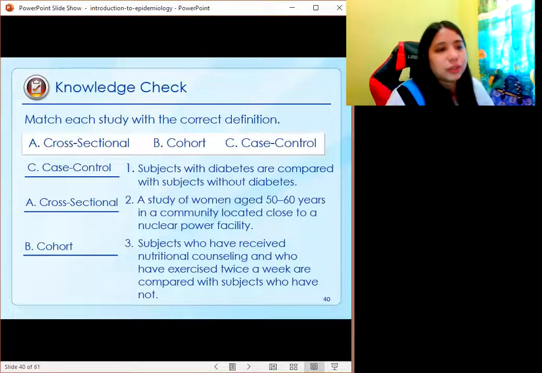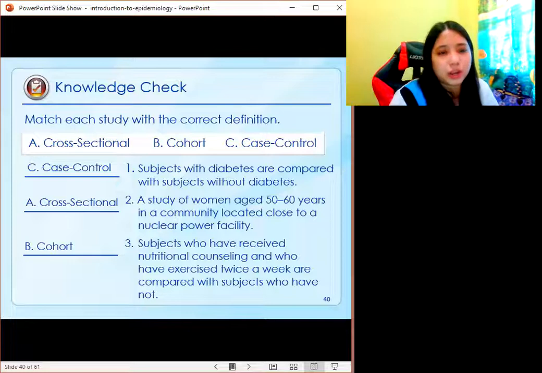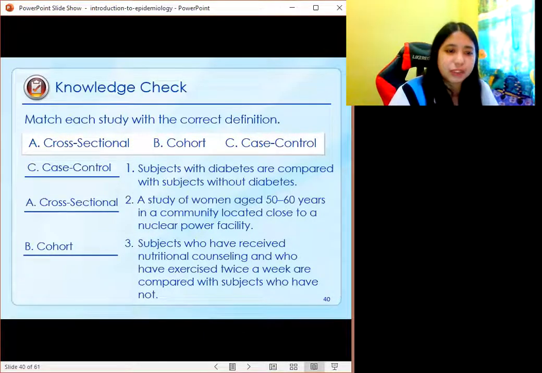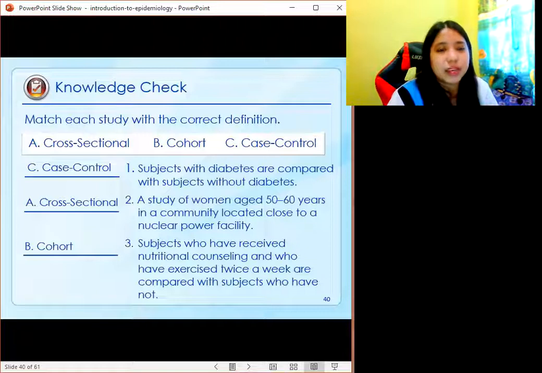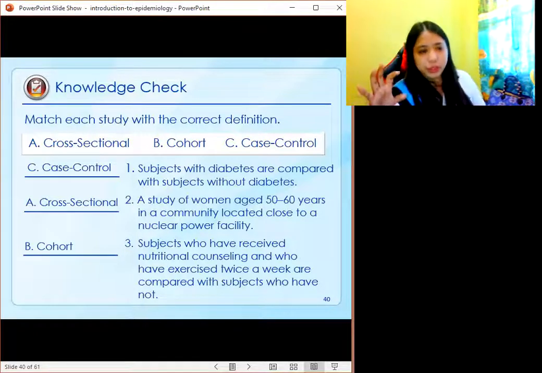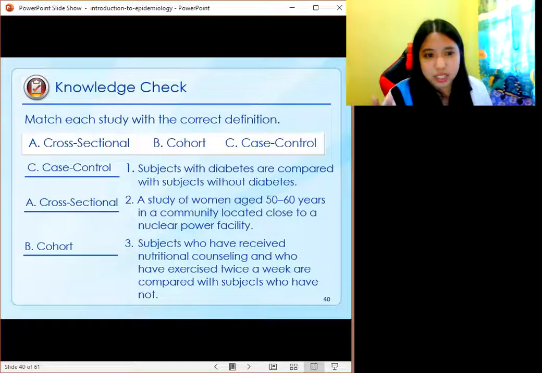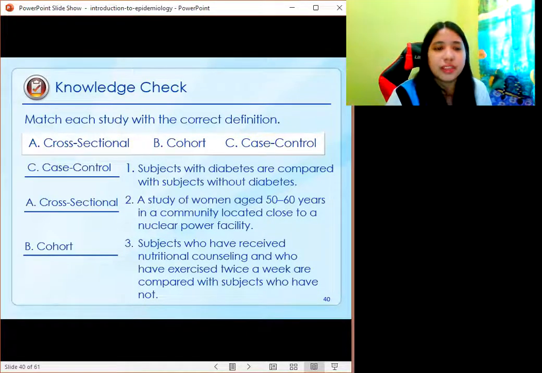So for case control, number one, we are comparing those with diabetes and without diabetes. So the cases here are the patients with and without diabetes. Now for number two, a study of women aged 50 to 60 years old, it can be a cross-sectional study because we just considered a particular group of subjects, and we can explore the women aged 50 to 60 years old.